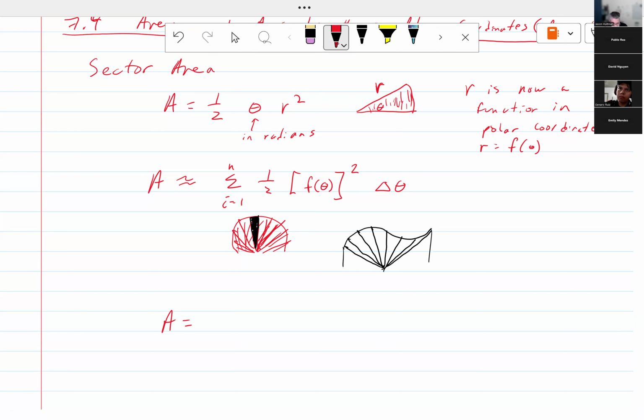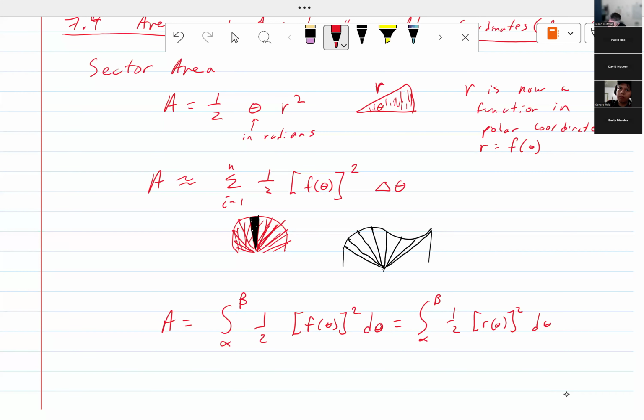it actually becomes the actual area. So the integral from alpha to beta of 1/2 f of theta squared d theta is equal to the integral from alpha to beta of, I'll just rename this r of theta, because that's how we see our polar equations, r equals some function of theta, and then d theta.